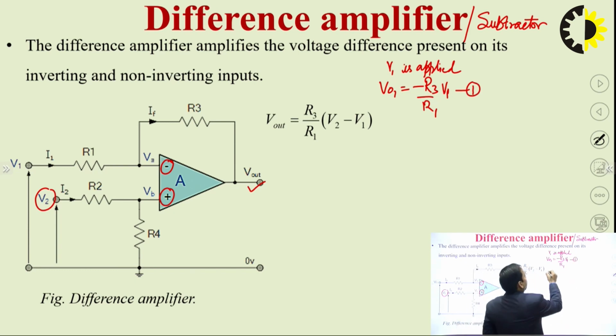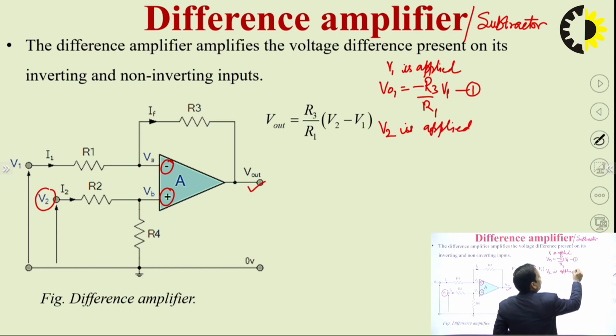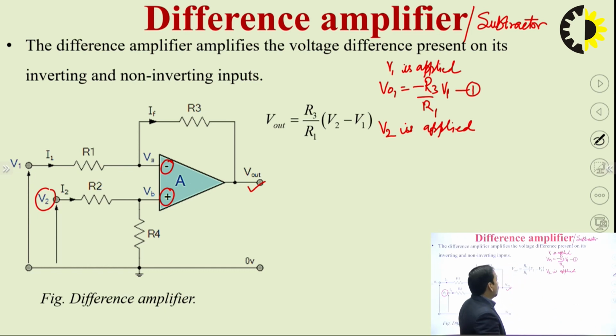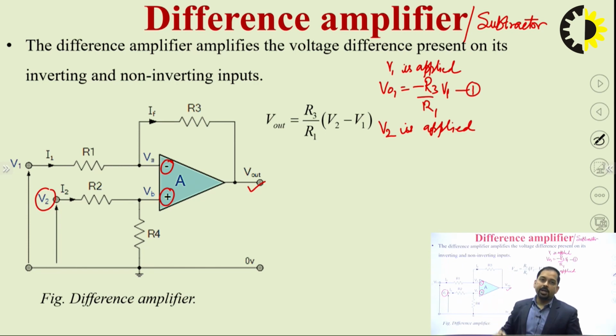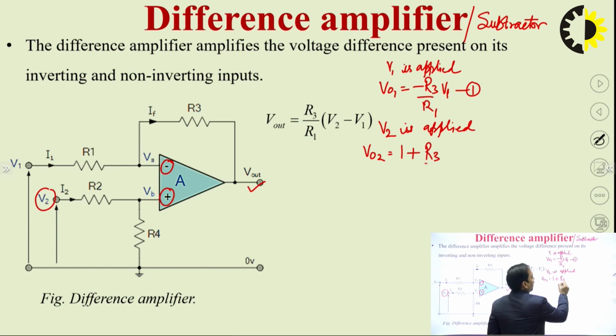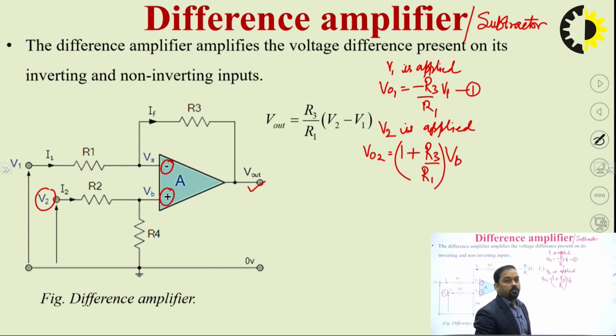Now if V2 is applied and V1 is absent, we can clearly see that it is nothing but a non-inverting amplifier. For that non-inverting amplifier we have already computed the output voltage, and the expression was 1 plus Rf by R1, that is 1 plus R3 divided by R1, multiplied by the voltage VB. This is equation number 2.